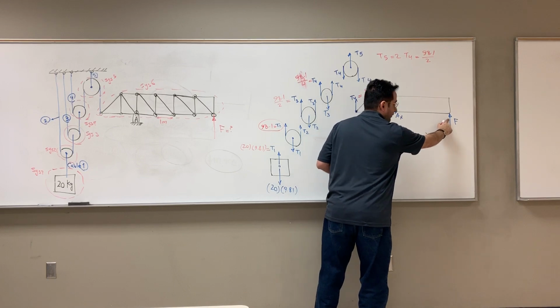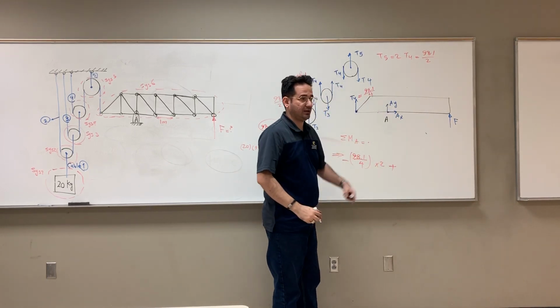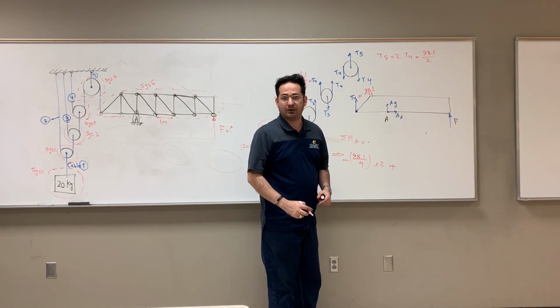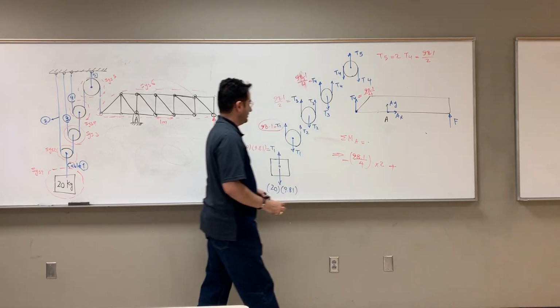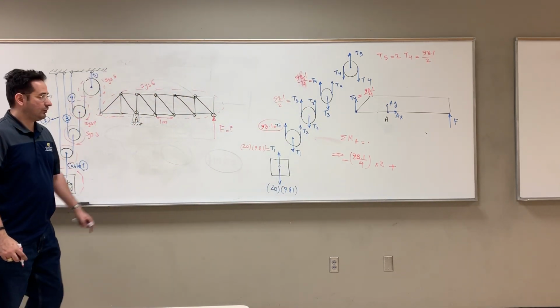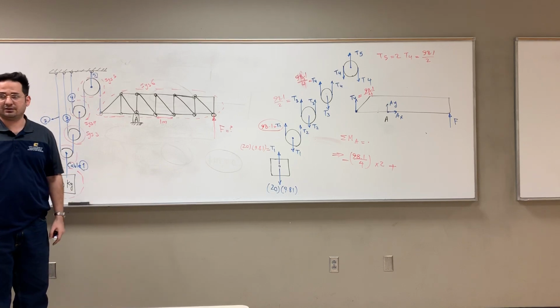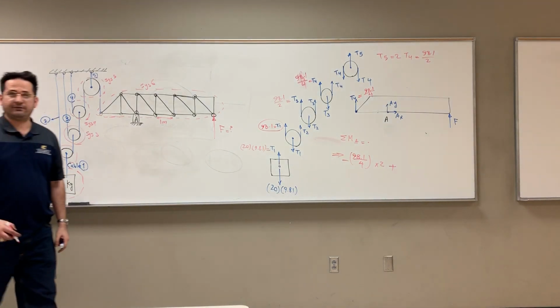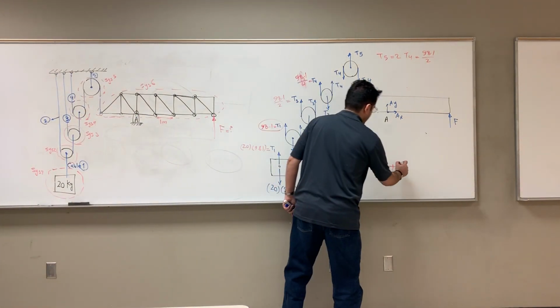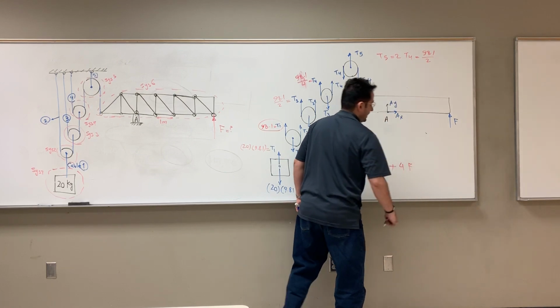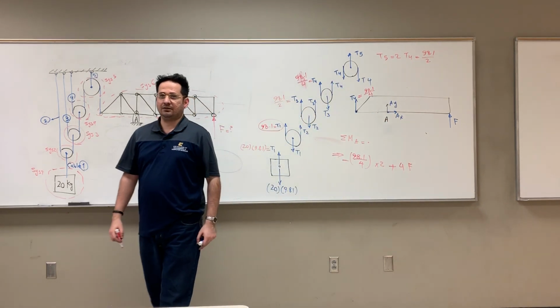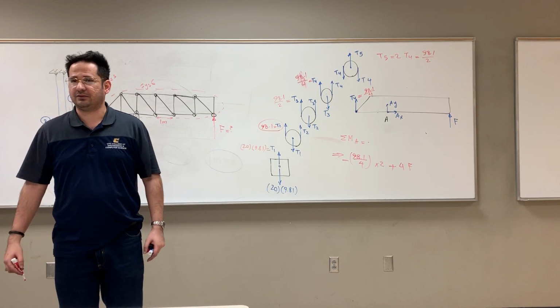Plus moment coming from force F with respect to A is equal to what? Moment of this force with respect to A. 4F. 4F plus 4F. What else? That's it, right?